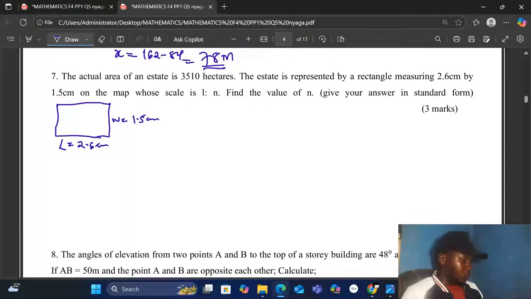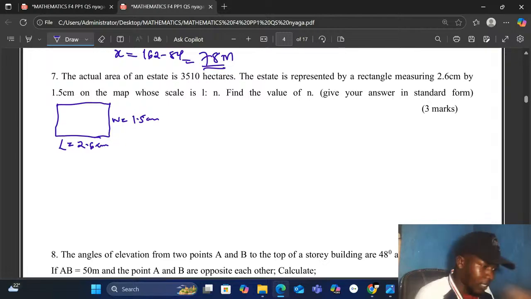So that is what we are given. Now, they're saying that the actual area of the estate is 3,510 hectares, and it is on a map whose scale is 1 to n. So we are supposed to find the value of n.